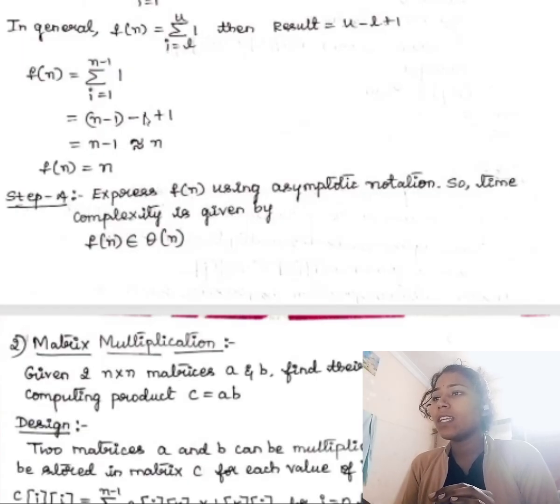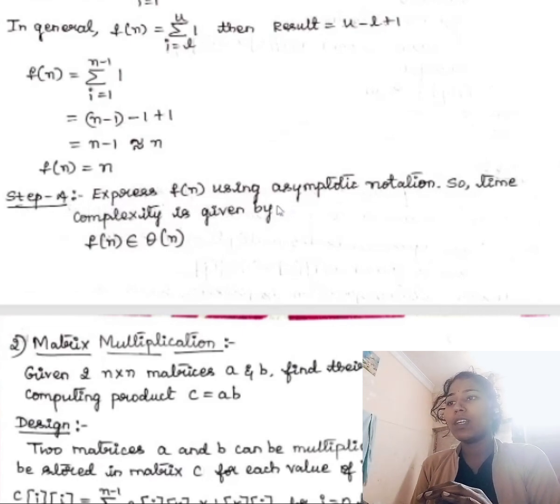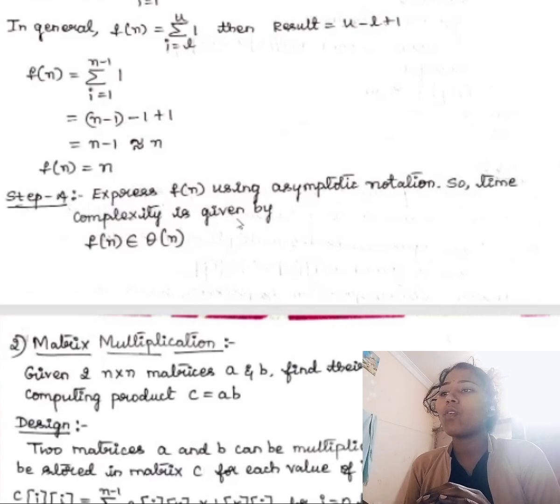N minus 1 is approximately n, so f of n equals n. This f of n is represented using asymptotic notation, so the time complexity is given by f of n equals theta of n. Theta of n is the average case. We can get the time efficiency for this algorithm.